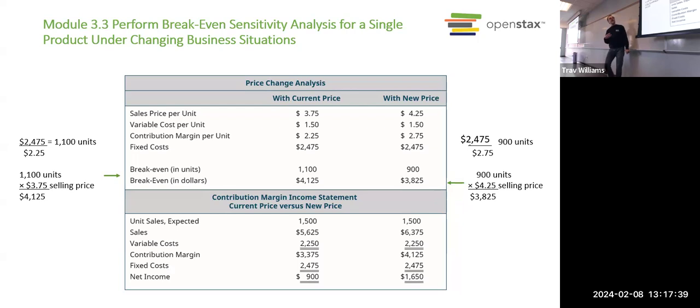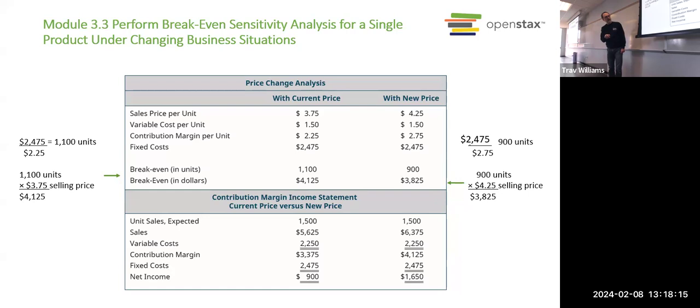Now, this assumes you're still selling the same number of units. Well, when we get down here, they're assuming they're still selling 1,500 units. That might or might not be true. Usually if we raise the price, the number of units we sell is going to go down because some people will say it's too expensive. Maybe they'll switch to a different brand. But if the units sold stays the same, we could then multiply that by the new sales price. See how we've collected more sales because of the higher price.